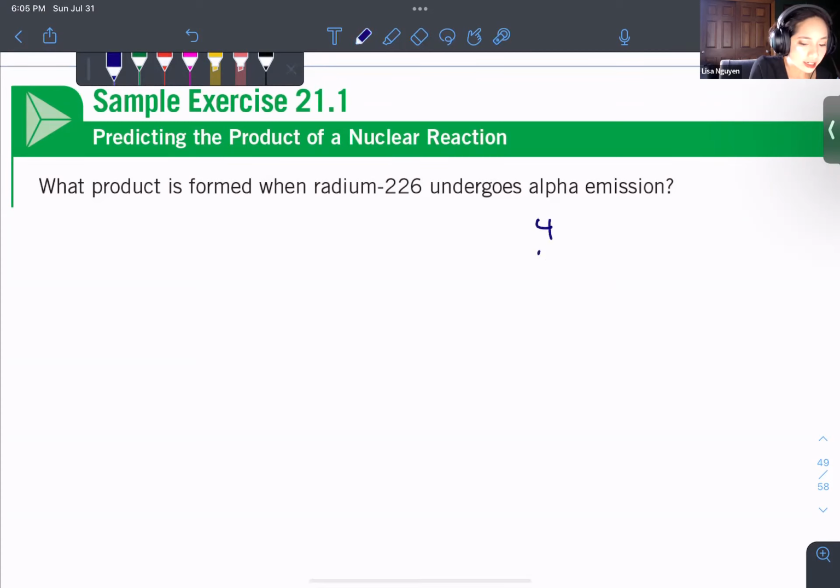We need to know that an alpha particle is just a helium nucleus. Sometimes we write helium, or we can write the alpha particle symbol. They mean the same exact thing, where there are 2 protons and 2 neutrons in the nucleus. The total mass number is 4. Remember, mass number means protons and neutrons within there. Since an alpha particle is emitted, the alpha particle is the product.